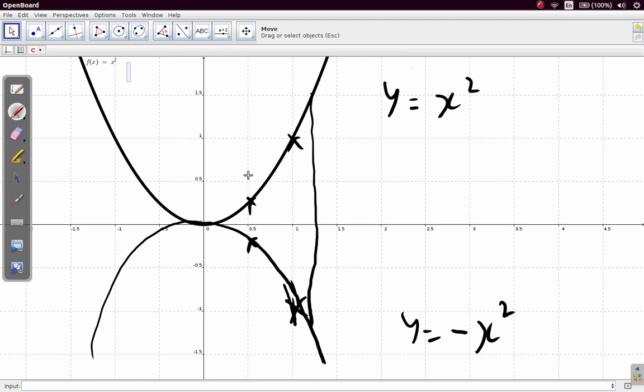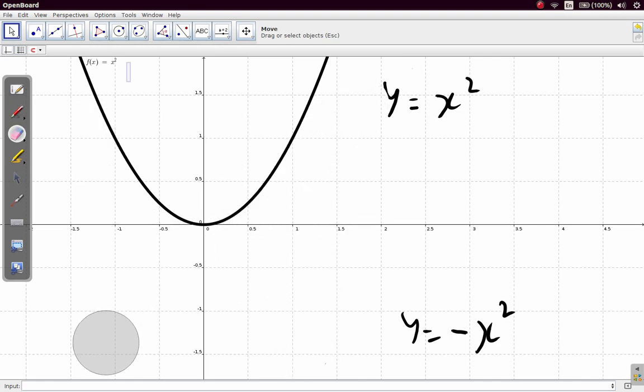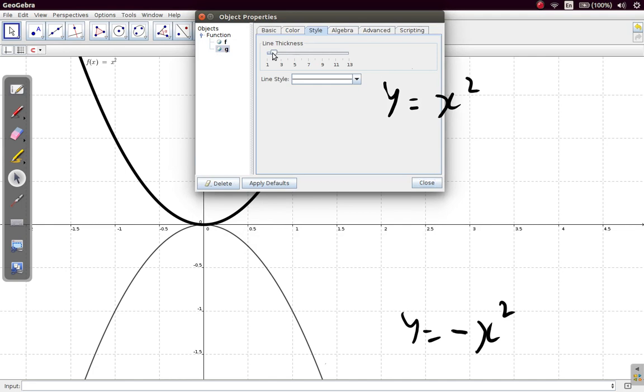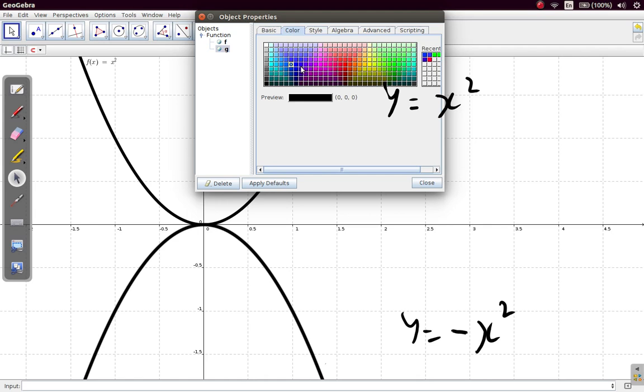So let's see if it works. I want to plot the graph of y equals -x raised to the power of 2. It does work. So let's make this graph thicker so we can see it more clearly, and let's make the color blue.